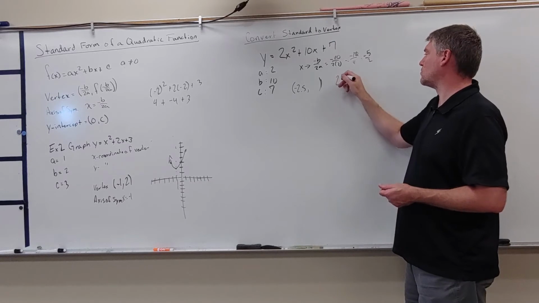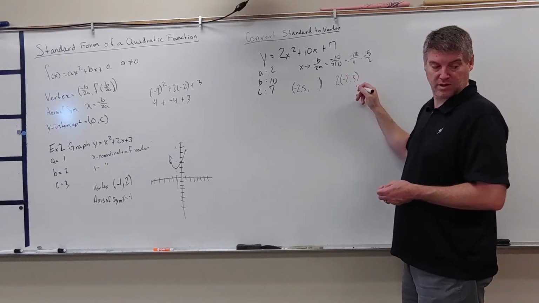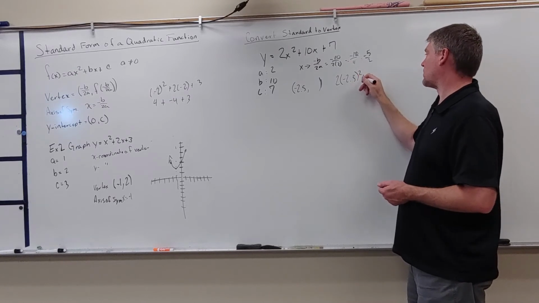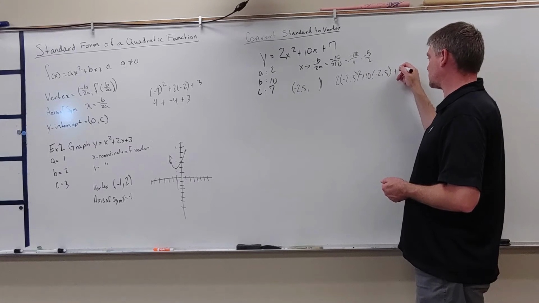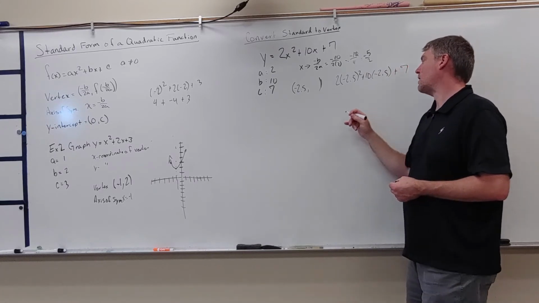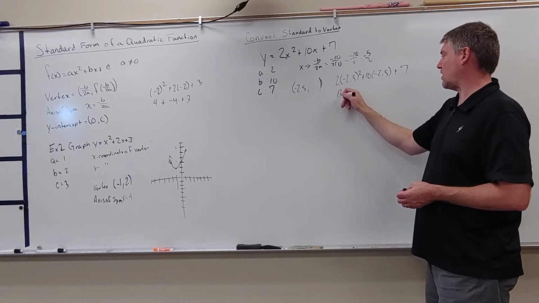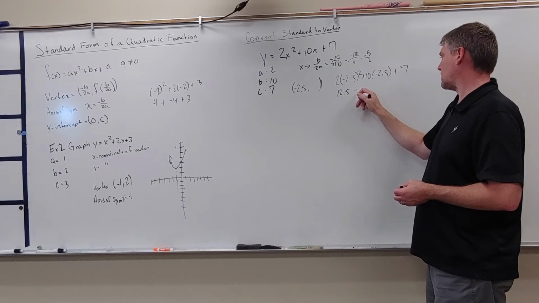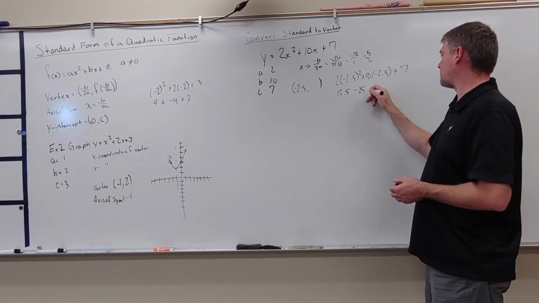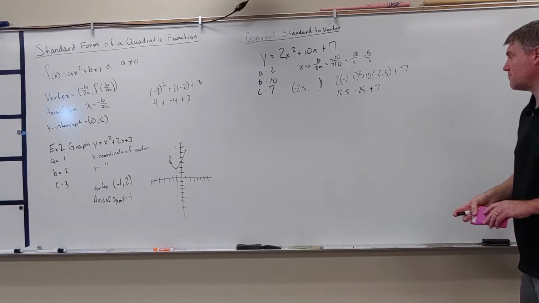So I'm going to go 2 times negative 2.5 squared plus 10 times negative 2.5 plus 7. This gives me 12.5 minus 25 plus 7. Just kind of double check that just to make sure.